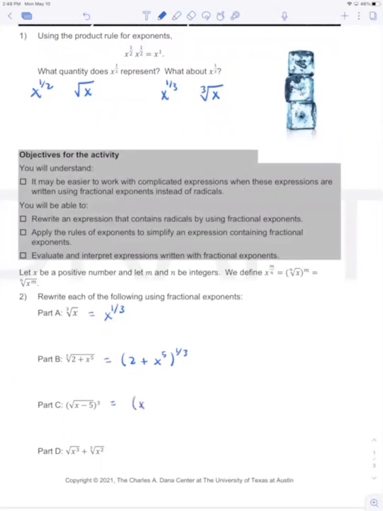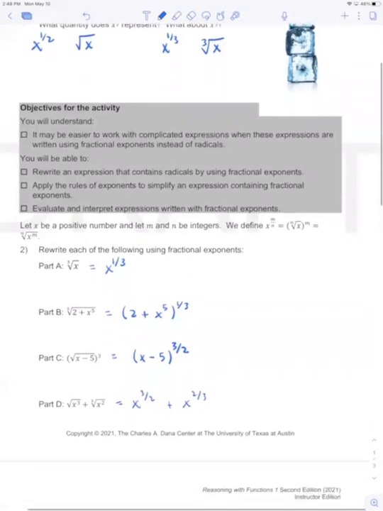So we're going to have x minus 5 raised to the 3/2 power. And finally, the square root of x cubed plus the cube root of x squared is going to be x to the 3/2 plus x to the 2/3.